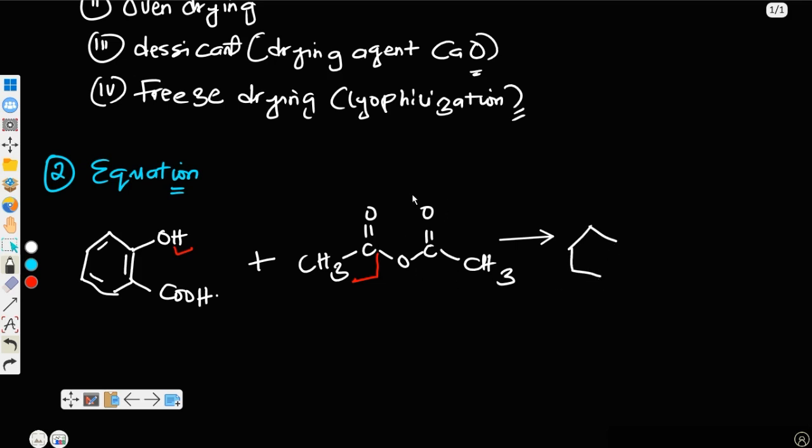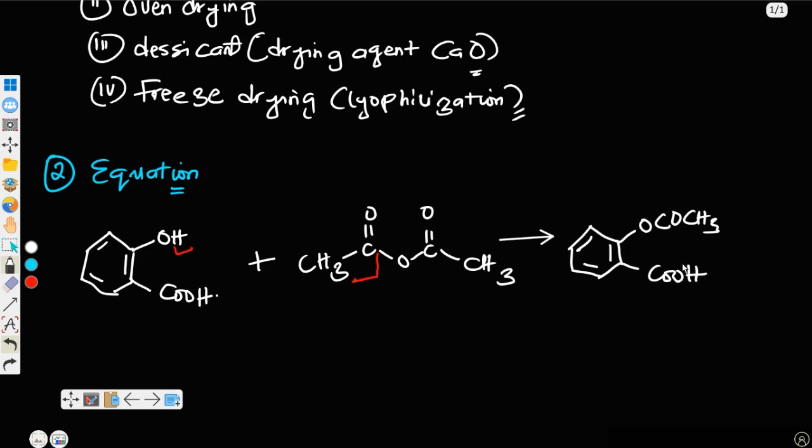The only thing they actually want you to add is this stuff here. I'm just showing you in case they say write the full equation of reaction, so that you know what to do. So we have O, then C, then O, then CH3. So we remove this H, then put this C first, then O, CH3, and then we have COOH.